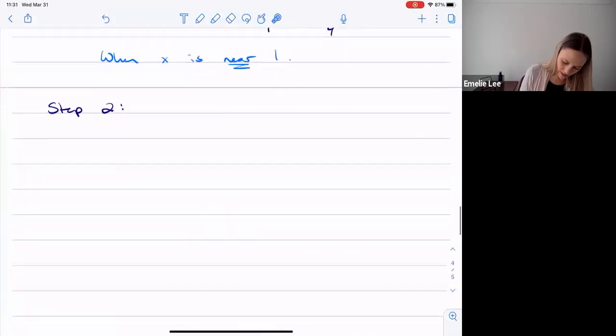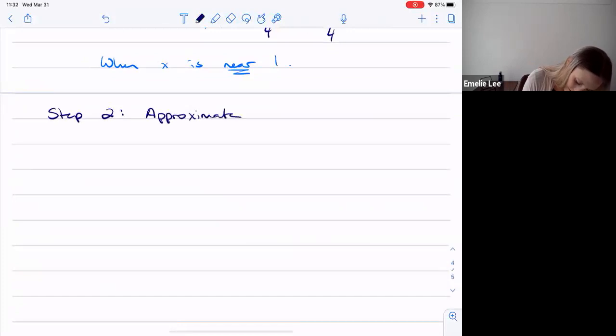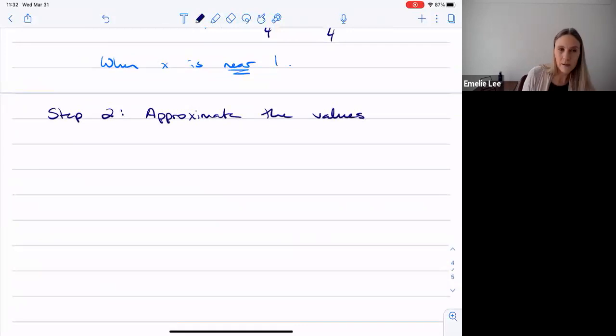So step 2, approximate the values using L of x.